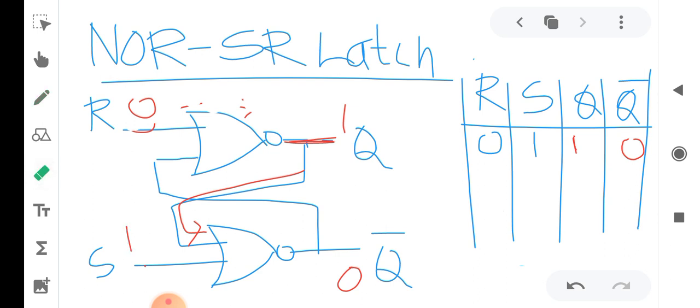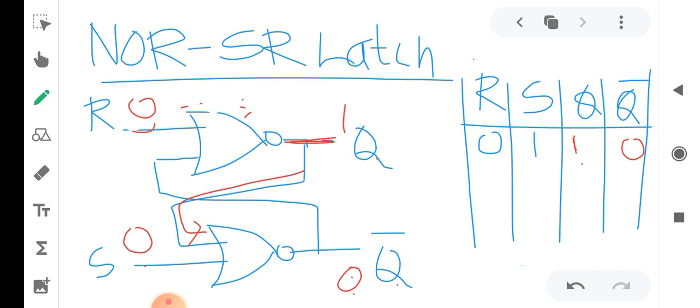Then I have made S equal to 0. Then you can see that the Q complement output is 0 and Q output is 1 here. I have just made the S input as 0.